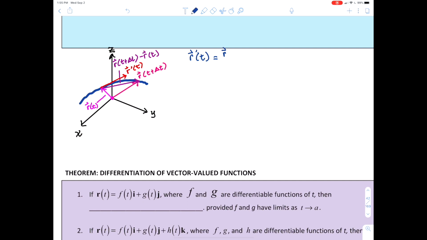Beautiful. It would be r evaluated at t plus delta t minus r evaluated at t, and again we're dealing with vectors this time, all over that small change in t. Cool so far? All right. So, oh, and what did I forget here?